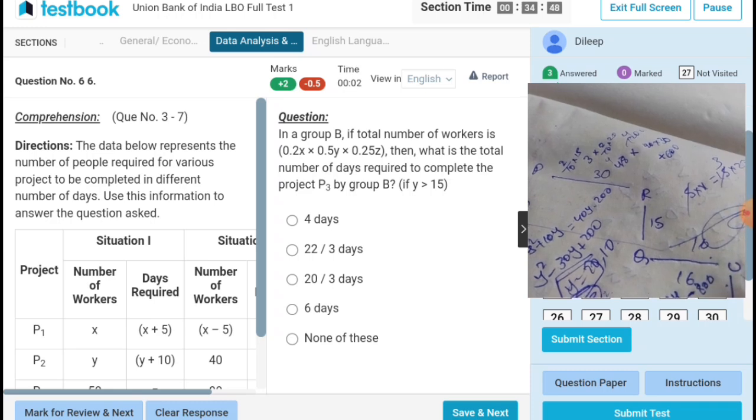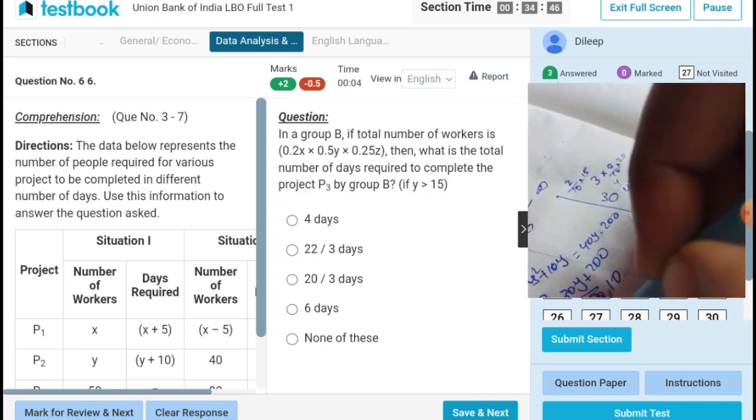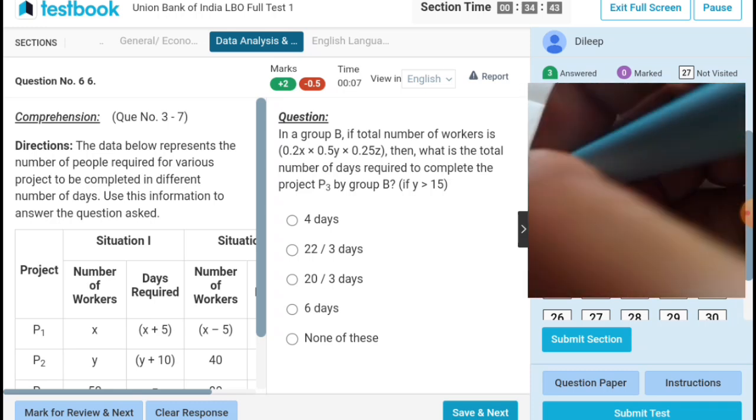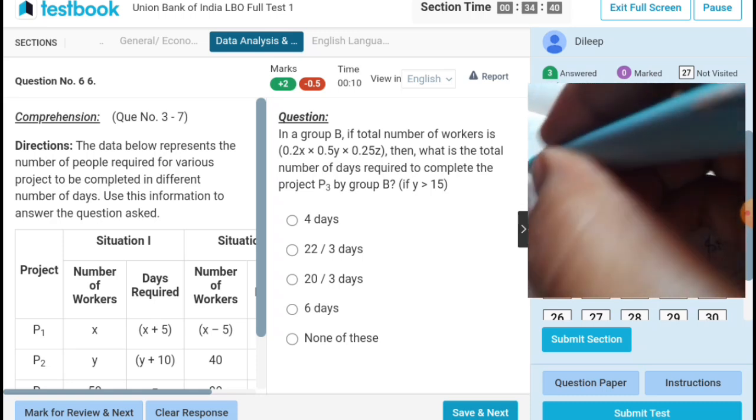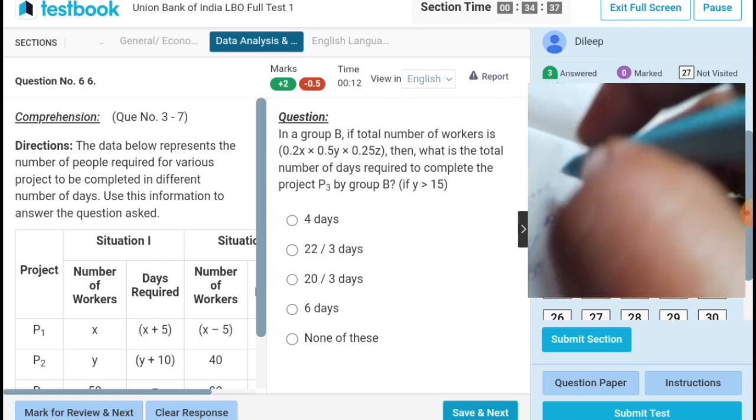In group B, the total number of workers are 3, 30 and 120.